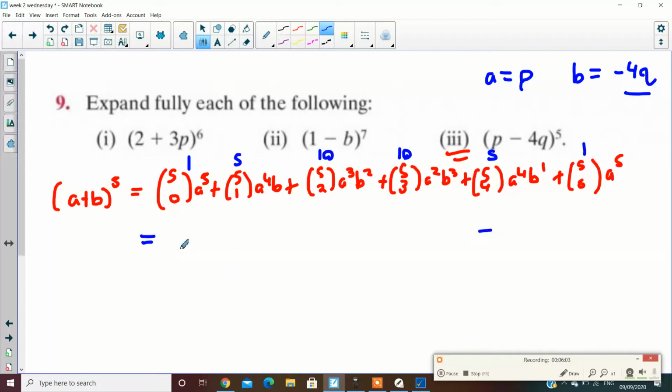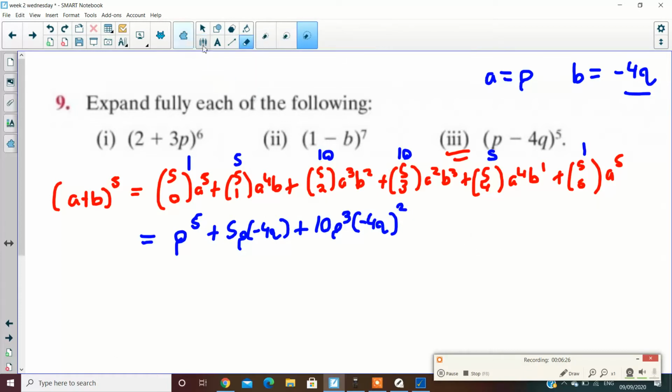Okay. Next thing. What's a to the power 5? So it's p to the power 5, isn't it? What's the next one? 5p by minus 4q. What's the next one? 10p cubed times minus 4q squared.